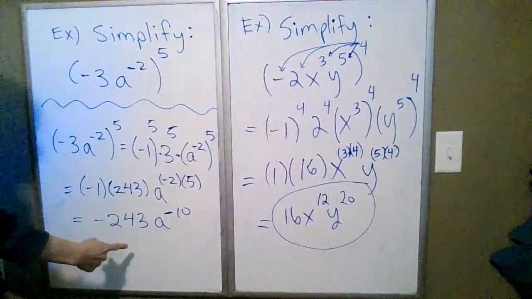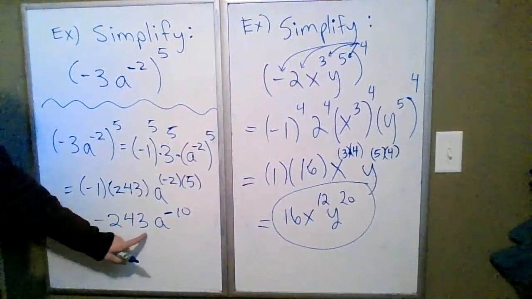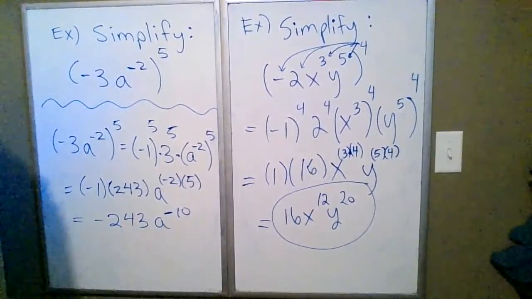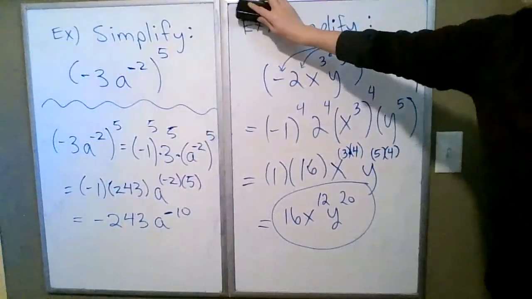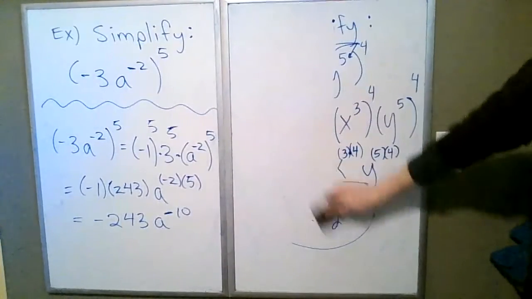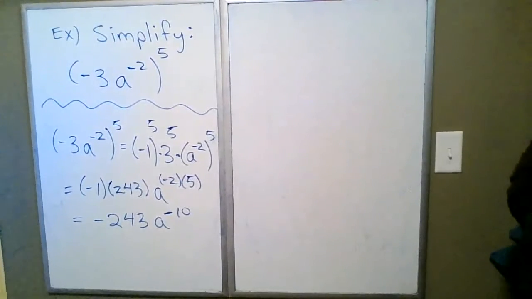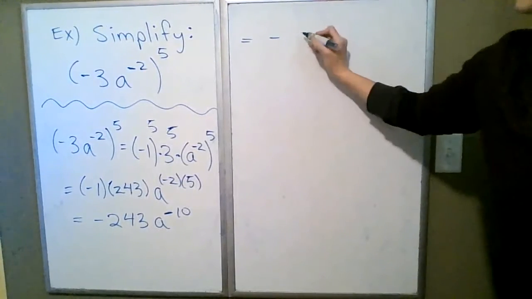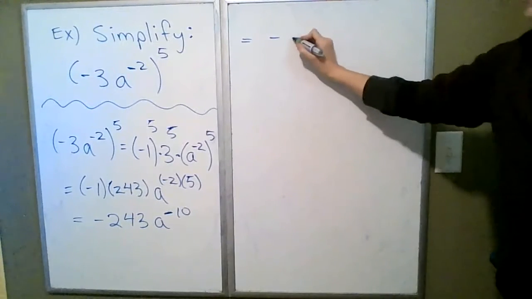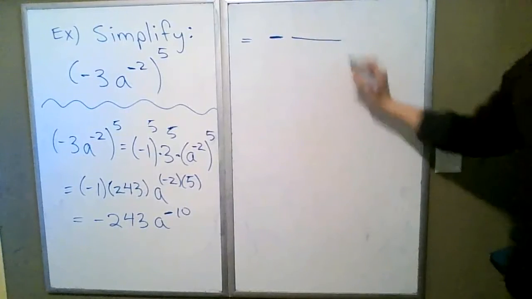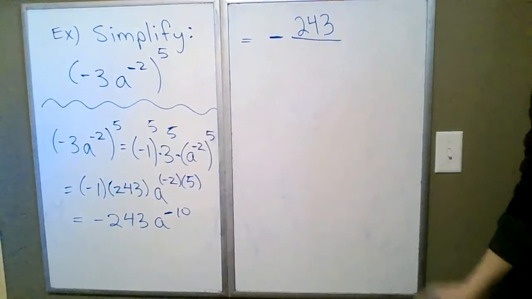Let's bring this to the denominator. And we'll have negative 243 over a to the 10th. You can have this negative in the numerator or out front or even in the denominator. Just as two negative signs is similar. 243 stays where it is. Bring the a to the 10th.